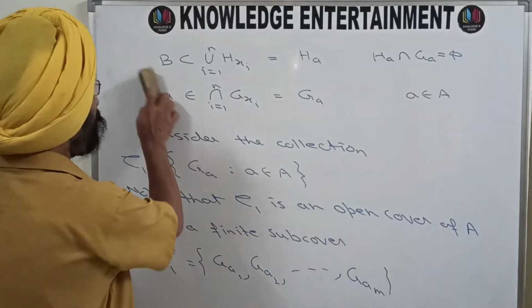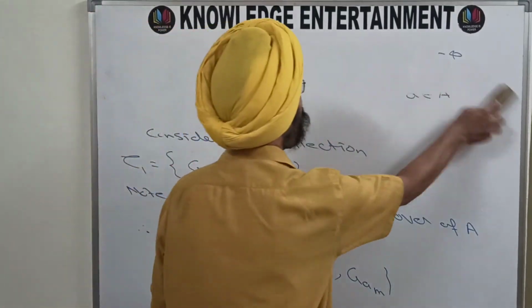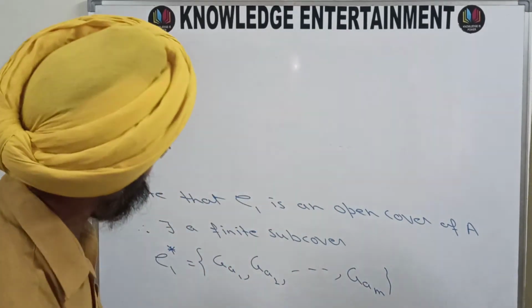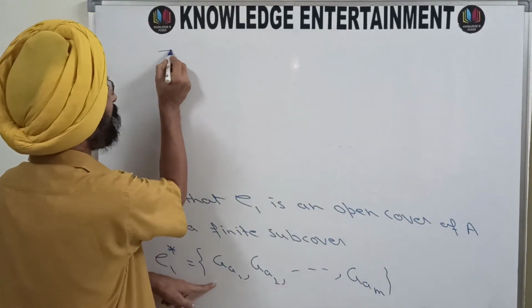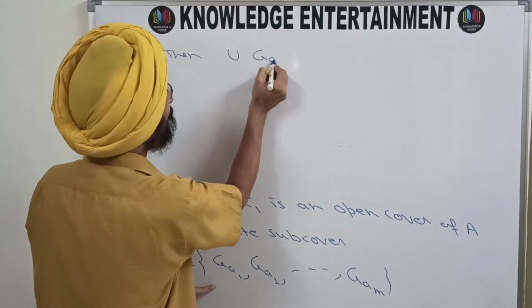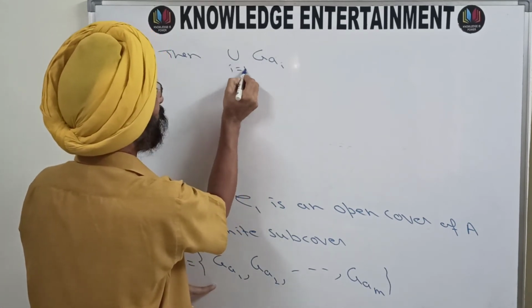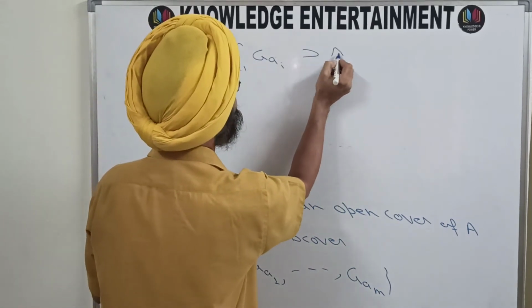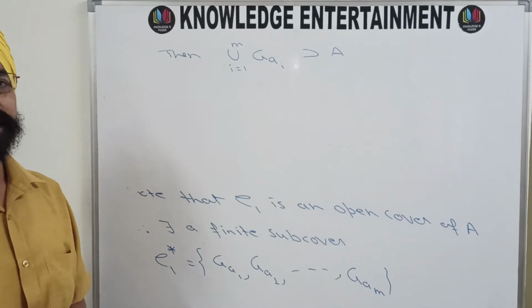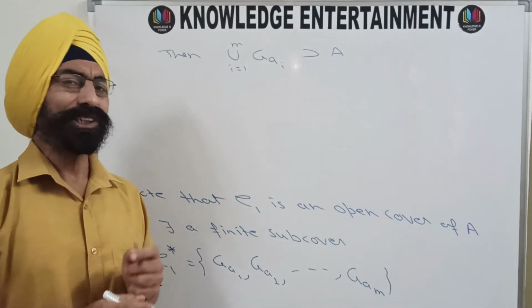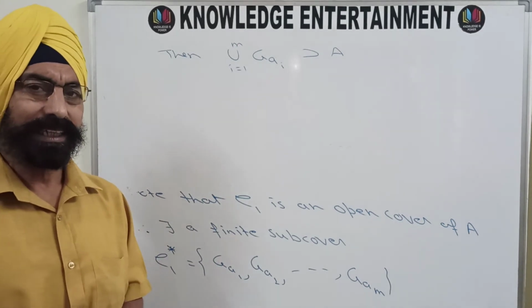So what you are going to have in the next step is that the union of these GAIs, I varying from 1 to M, covers A. And corresponding to each GAI, there is HAI, definitely.